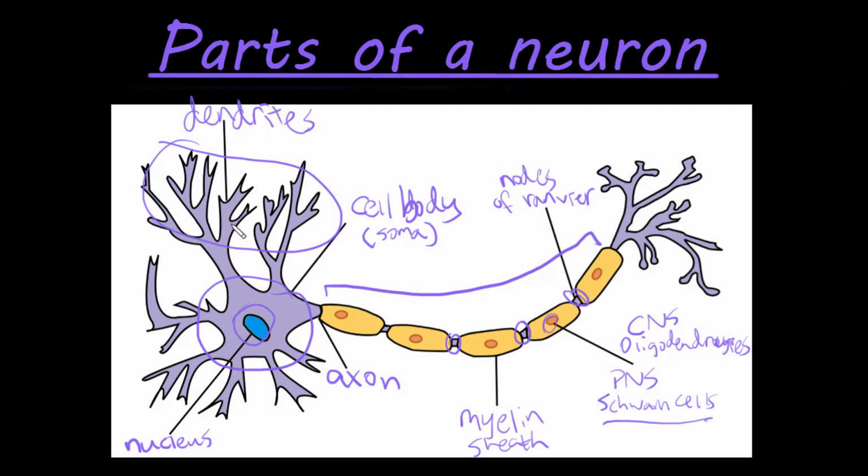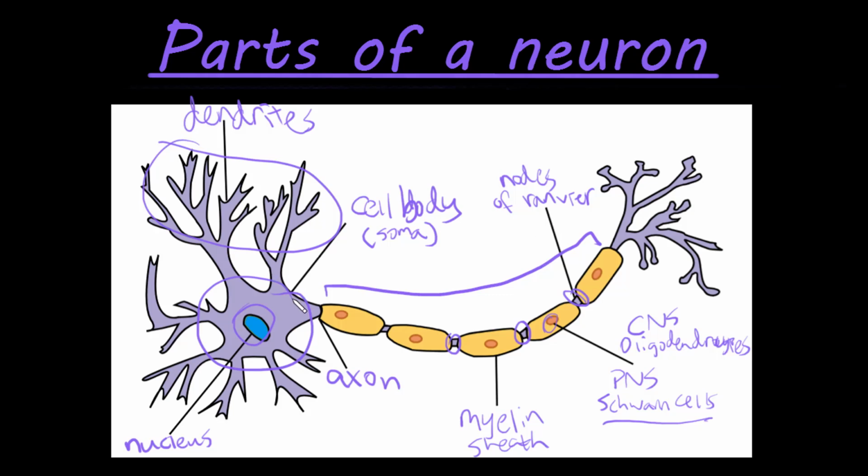So this is the basic idea of the parts of our neuron in this diagram that we see here. So the information will go from our dendrites along our axon, which may or may not have myelin sheaths that are made from different kinds of cells, so the oligodendrocytes and Schwann cells. In between the myelin sheath are these areas called nodes of Ranvier.